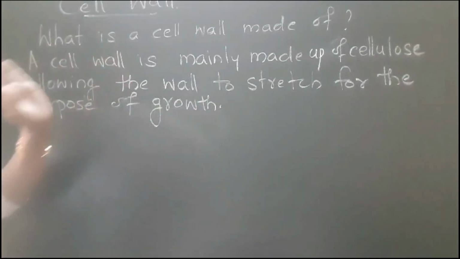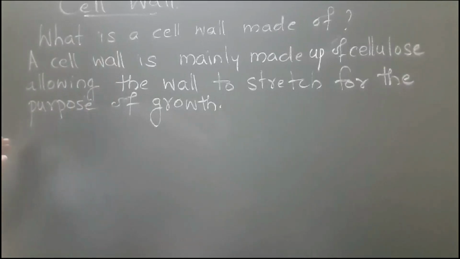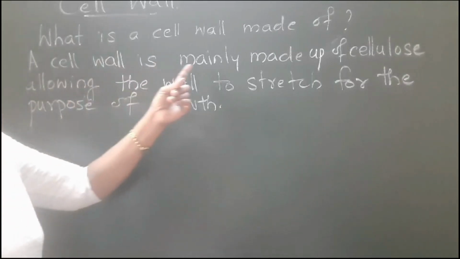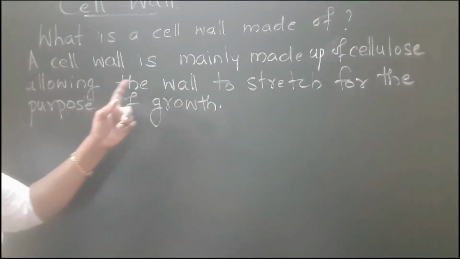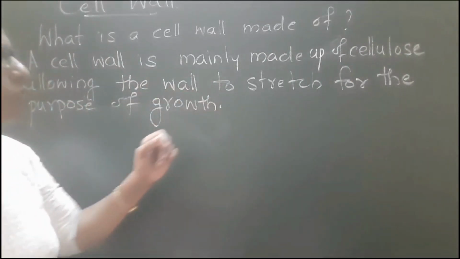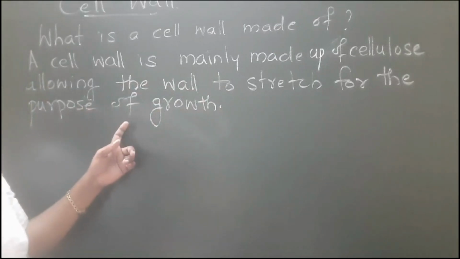What is a cell wall made of? A cell wall is mainly made up of cellulose, allowing the wall to stretch for the purpose of growth.